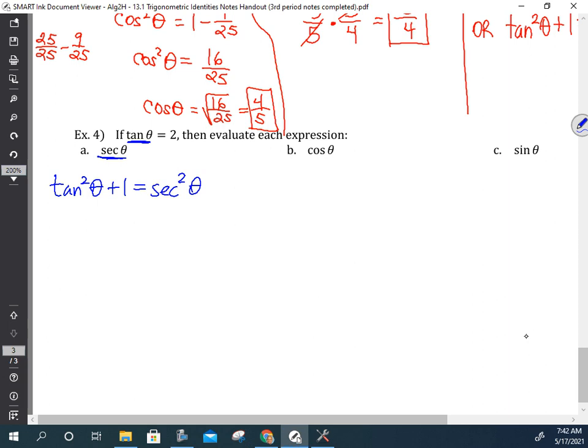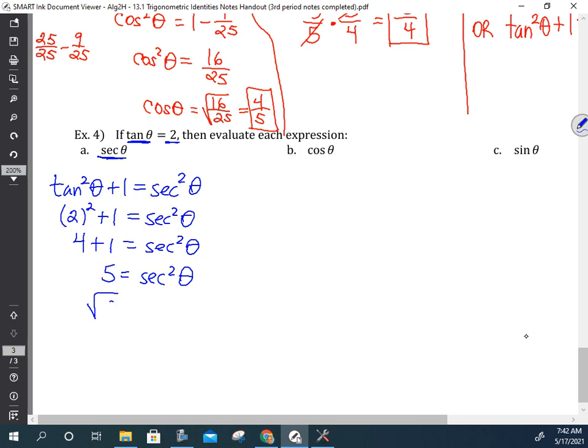Since tangent is 2, that means 2 squared plus 1 equals secant squared theta. So 2 squared is 4, and 4 plus 1 is 5. Remember, we need secant theta, not secant squared theta.